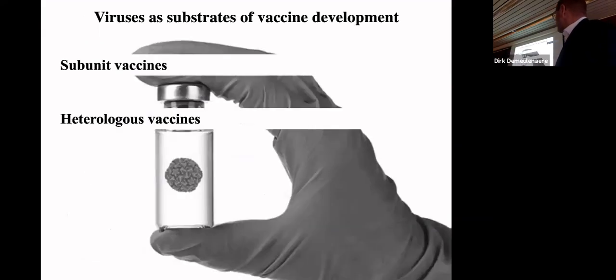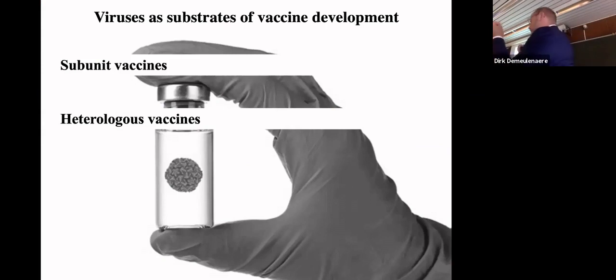There are plenty of heterologous vaccines against viruses. What does heterologous mean? Remember, it's when you use two pathogens, two viruses that are antigenically related, one causing a benign infection or no disease, and the other one being lethal.